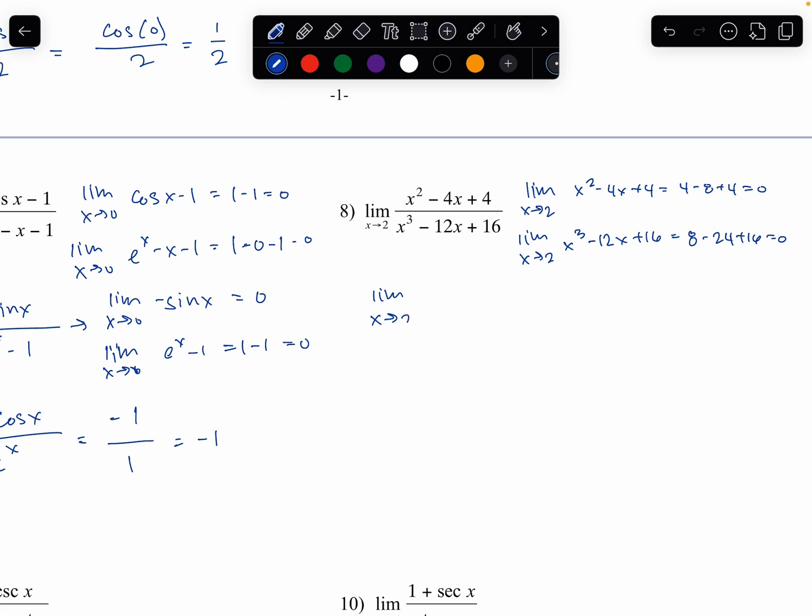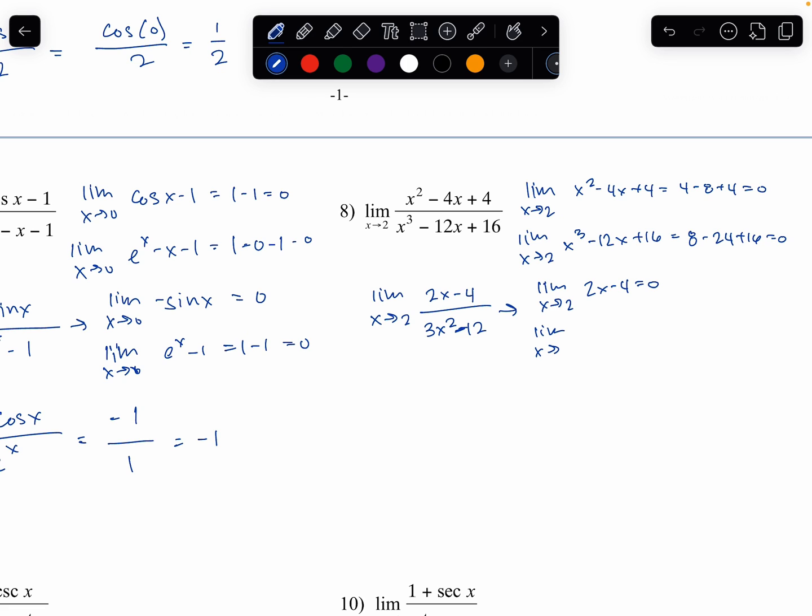Limit as x approaches 2, we'll do the derivatives. So we got 2x minus 4 over 3x squared minus 12. And I think we're going to need another, plug in 2. Yeah, because if I plug in 2, the limit as x approaches 2 of 2x minus 4 is going to be 0.